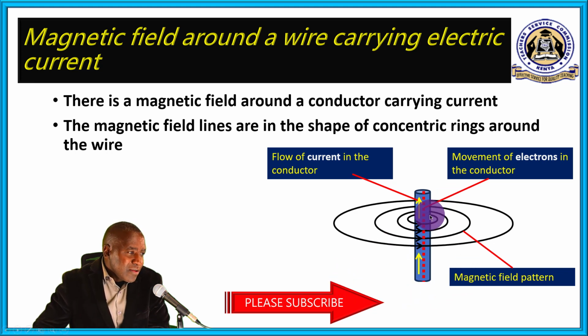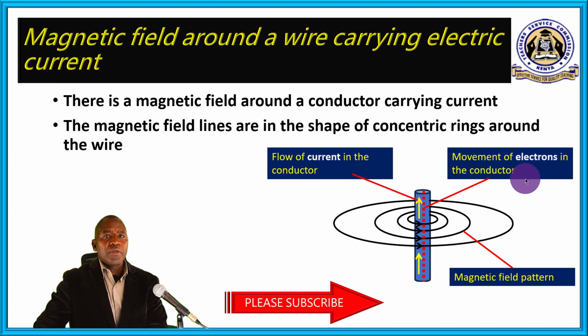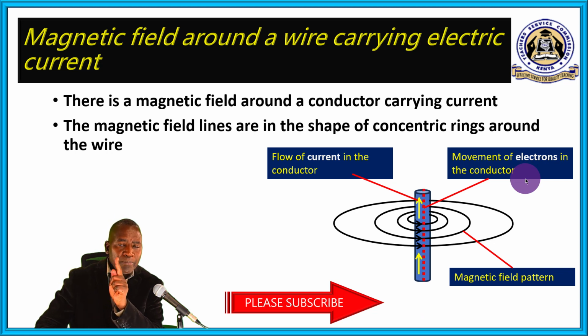Let's study this diagram here. First of all, the moving dots show the movement of electrons in the conductor. The conventional direction of current is opposite to the movement of electrons. I want to repeat that. That is very important.